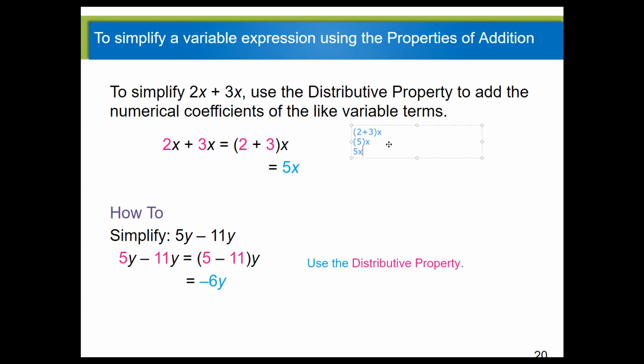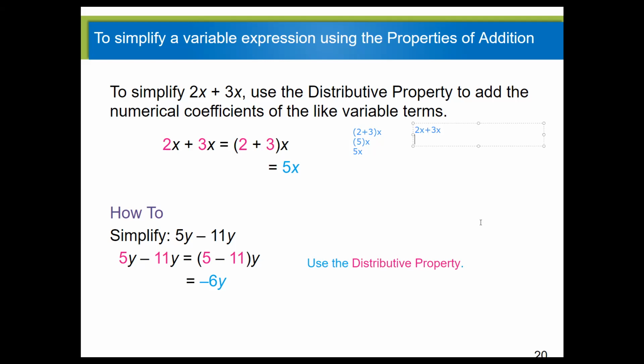Or we can go here, distribute that x. So we send it into the parentheses because, again, that's how the distributive property works. I just showed you an example of this last time. Just say 2x plus 3x.